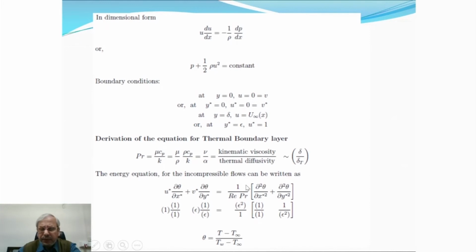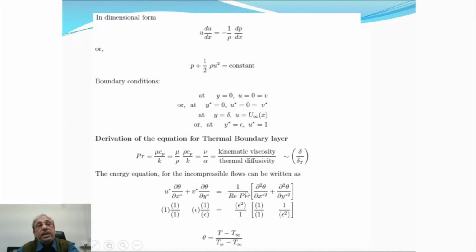It ranges from 0.6 to 0.72, 0.73, something like that, depending on temperature. Usually the value used is 0.7. So for all those values, the order of 1 by Reynolds number will not change.